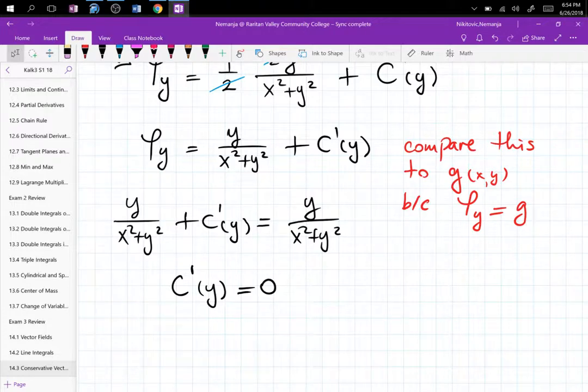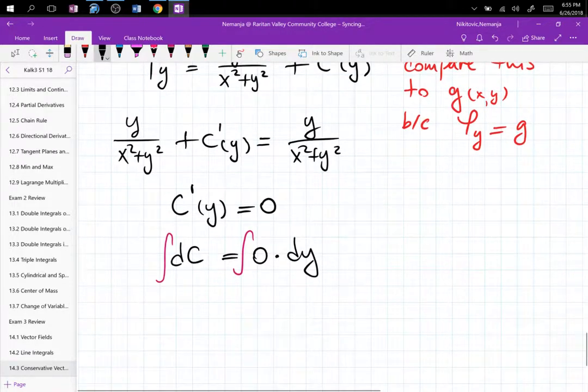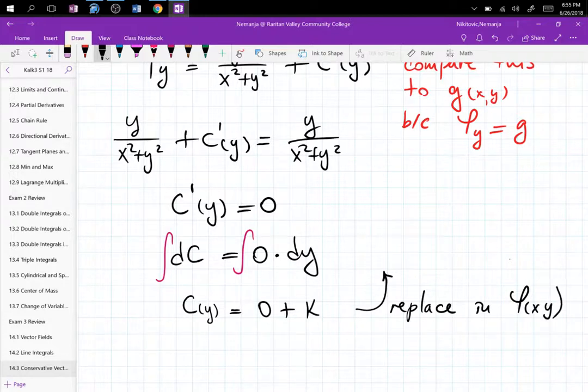When you integrate both, well, you can differentiate this now, so you will get dc is equal to 0 times dy, and you integrate both sides, you will get c, which is a function of y, is equal to 0 plus some constant, let's call it constant k. So now replace in phi(x,y), the one that we boxed.